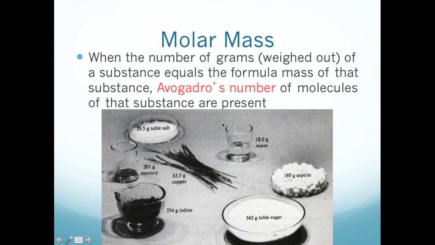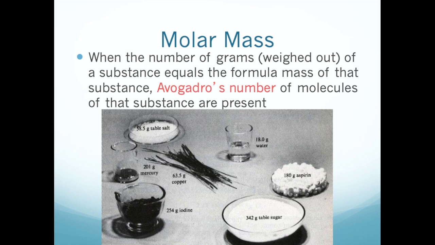Water has the formula H2O. Okay, now if you look up water in your periodic table, hydrogen is approximately one atomic mass unit, and oxygen is about 16, right? So since there's 2 hydrogens in H2O, 1 plus 1 plus 16 gives you 18 atomic mass units. So an individual water molecule, on average, weighs 18 atomic mass units.